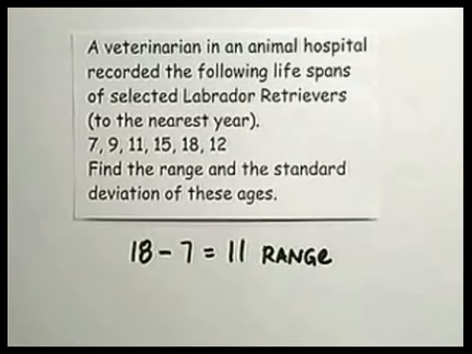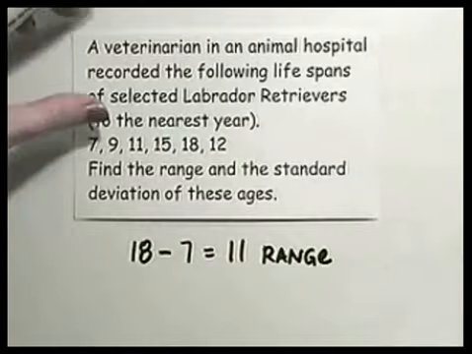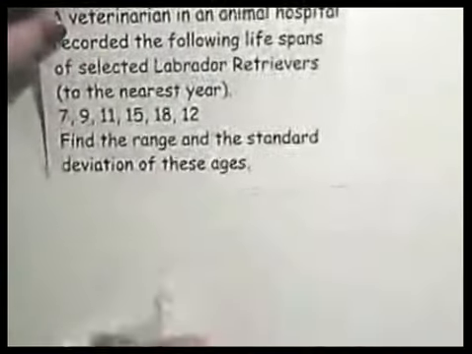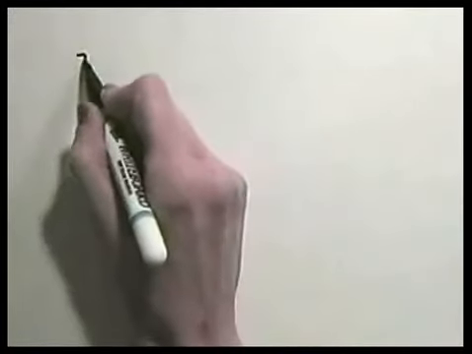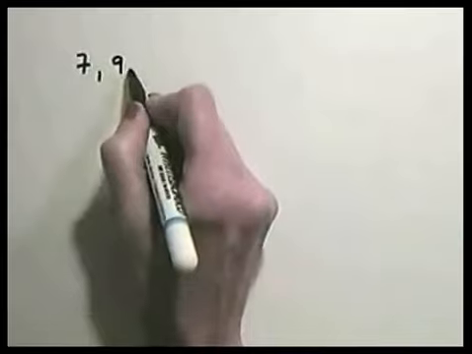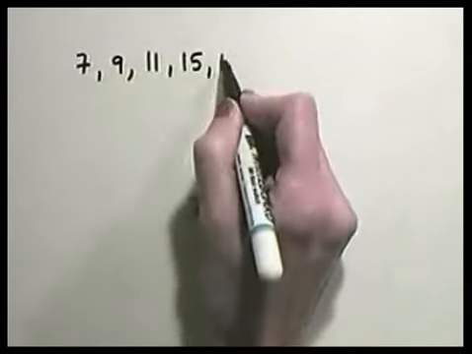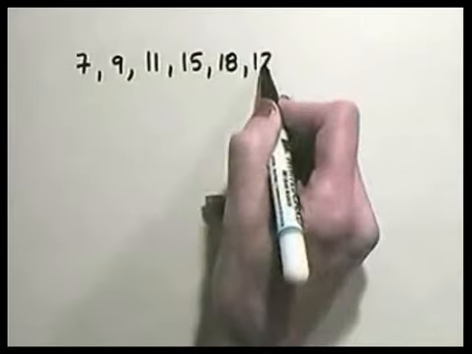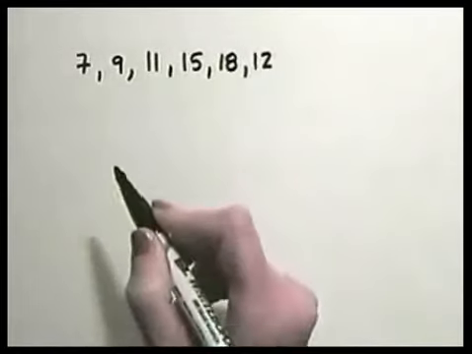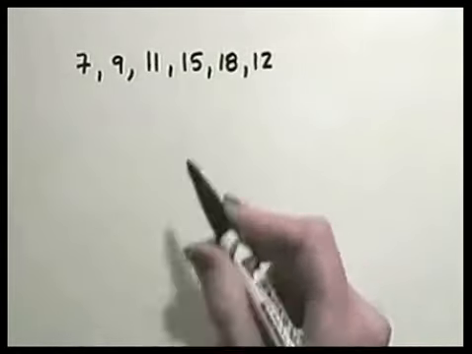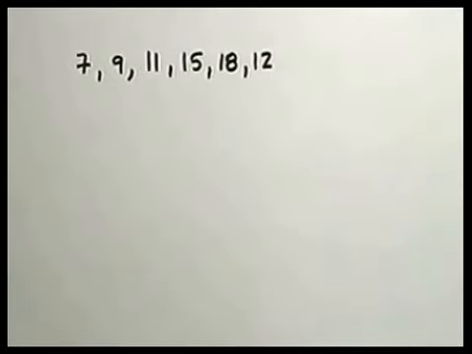The standard deviation, as you saw before, has a formula that's a little bit more complicated to work with. Let's rewrite this data set to give us some room: 7, 9, 11, 15, 18, and 12. We could reorder this and put the 12 right after the 11, or you can work with it this way.